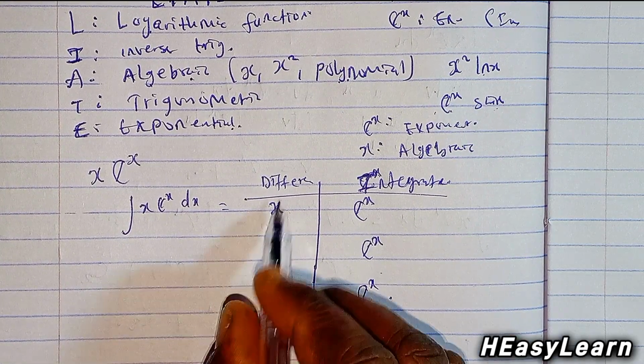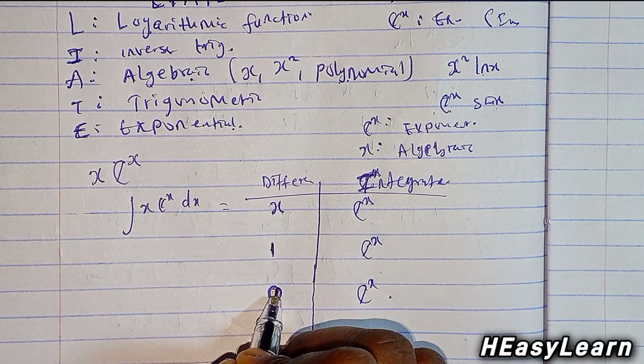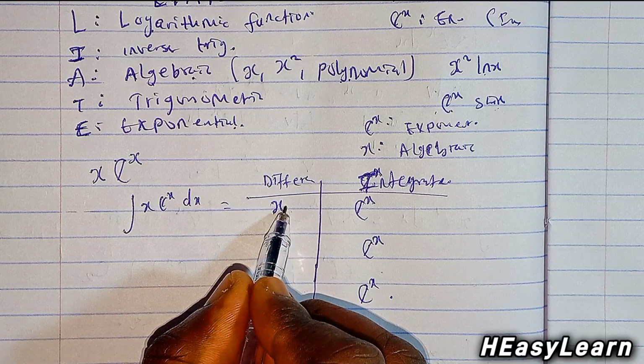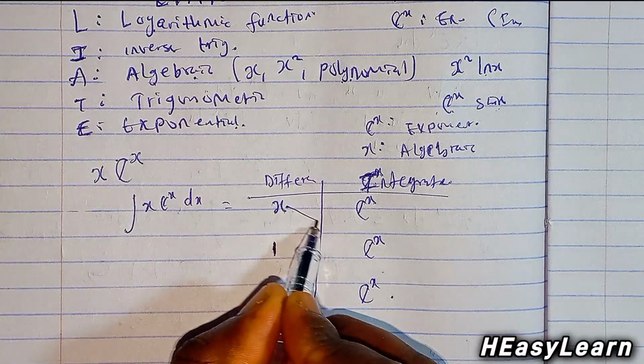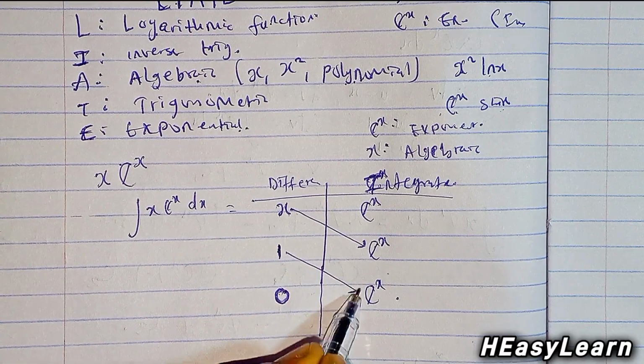When the differential side terminates at 0, then we stop the process. Then we perform the diagonal rule for this table: the first to the second to the third.